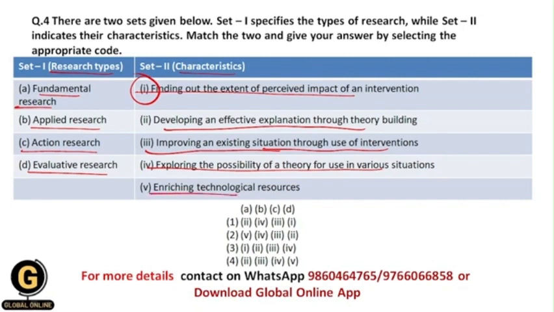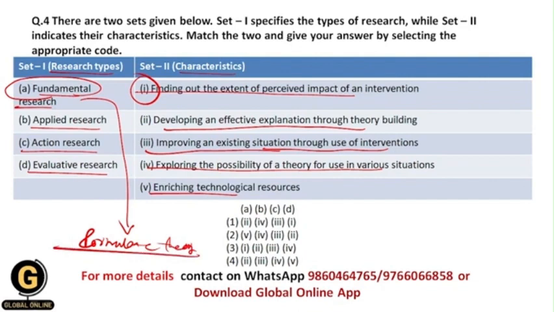So students, fundamental research is the basic research or pure research. Within the fundamental research we formulate a theory. This is the main objective of fundamental research, to formulate a theory. And whenever we formulate the theory, we tell the effective explanation behind it, that what we are formulating and why we are formulating a theory.